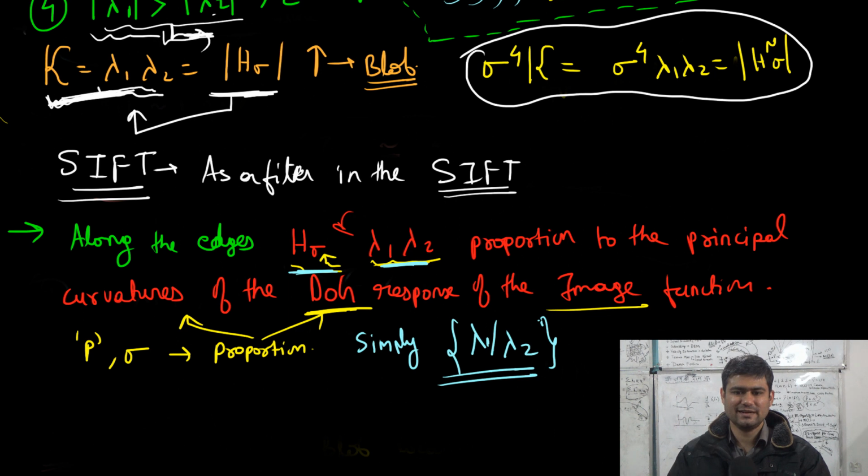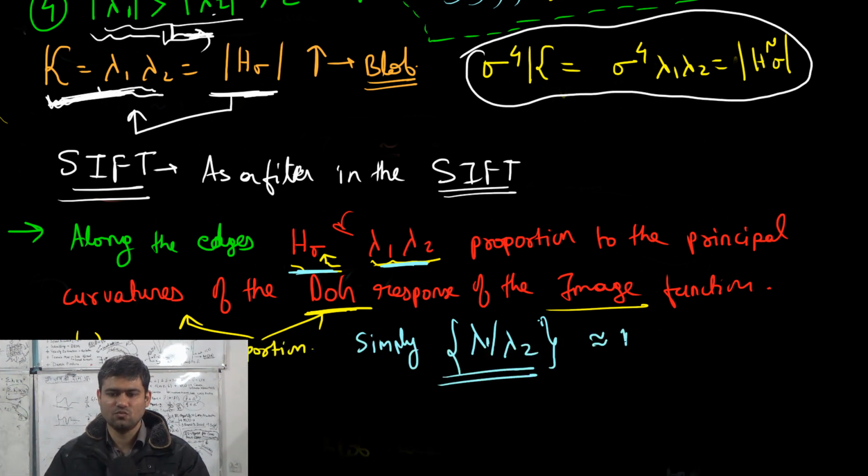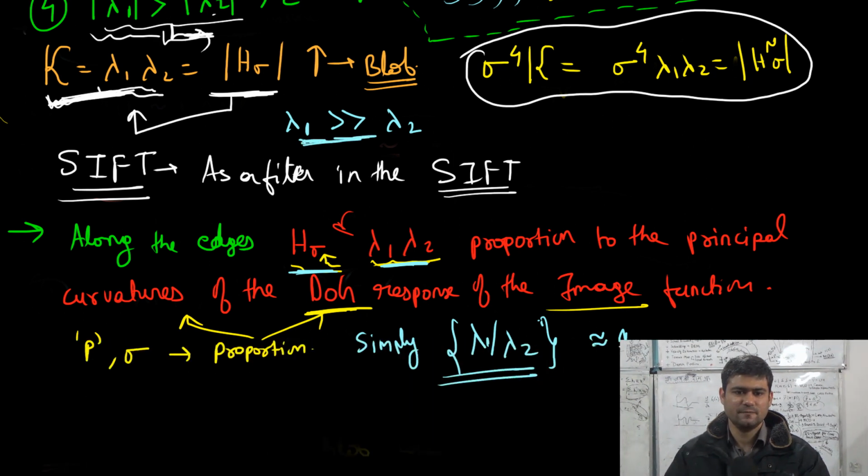So if the eigenvalue lambda 1 is significantly, some n number of times, larger than lambda 2, then relative to the curvature in the first principal direction, the curvature in the second principal direction is very, very weak.